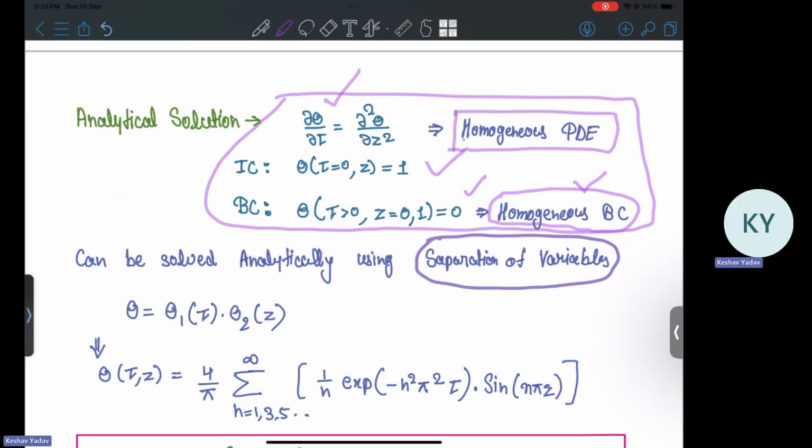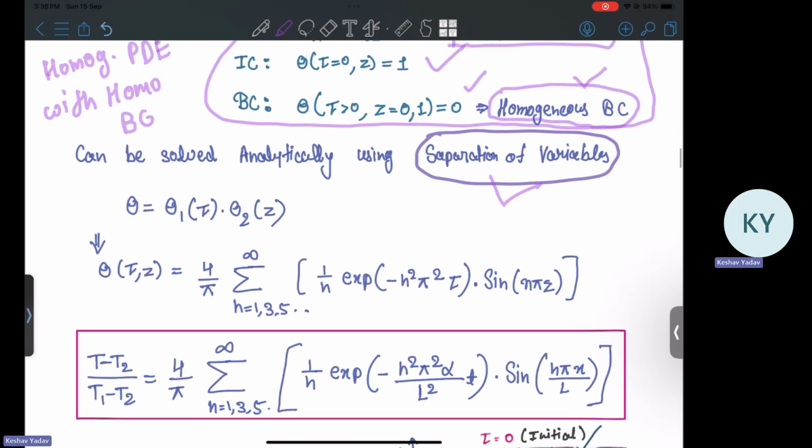So if we have a homogeneous PDE with homogeneous boundary condition, then we can apply the separation of variables method to solve the partial differential equation. So here we assume theta will be equal to a multiple of some theta1, which will be a function of only tau, and theta2, which will be a function of only z.